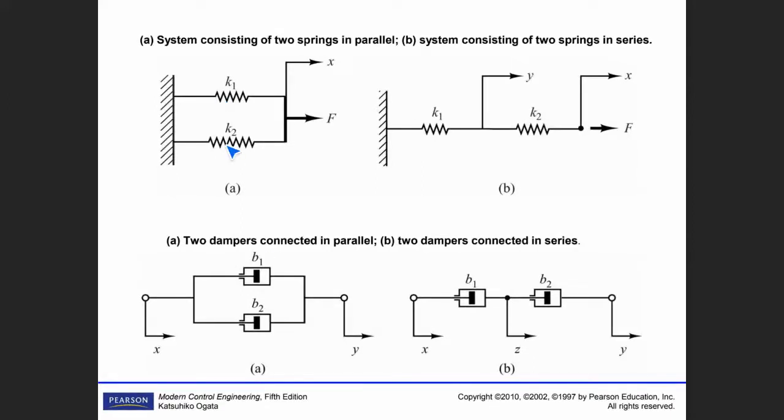Follow my cursor, please. Those spring systems might be connected in series like this, or parallel, and if it is a friction, then friction might be parallel or series connected. So in order to obtain the equivalent of it, we need the equivalent.